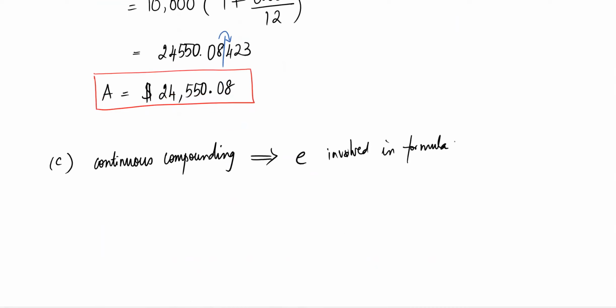Continuous means E must be there because E is the natural base. It is related to anything that happens naturally, anything related to life. So we're going to use A equals P E power RT. So we'll do 10,000, E power R, which is 0.05, times T, which is 18.